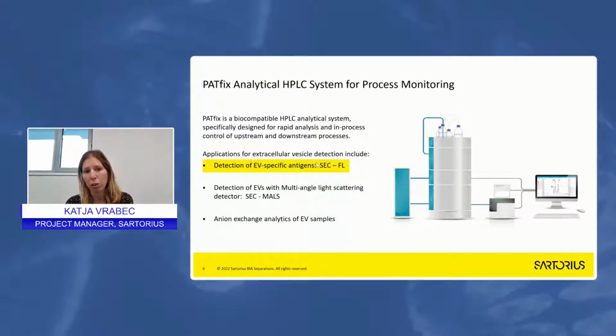Applications for extracellular vesicles include detection of extracellular vesicle specific antigen using SEC fluorescence and antibody labeling, detection of EVs with a multi-angle light scattering detector, and also anion exchange analytics of EV samples.